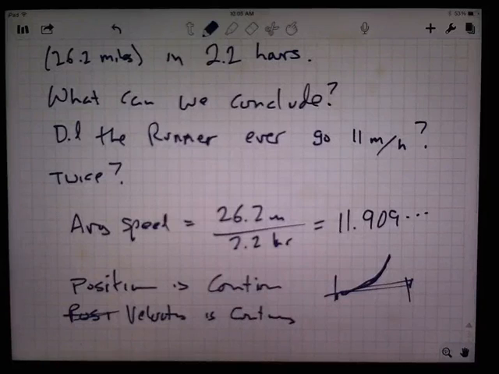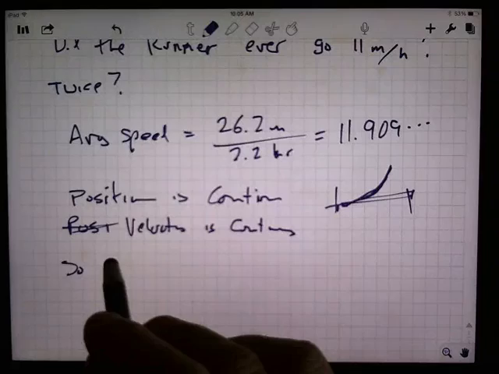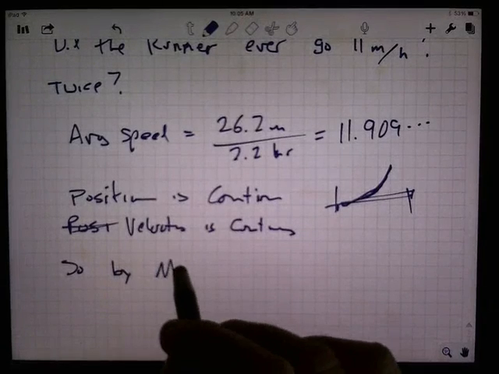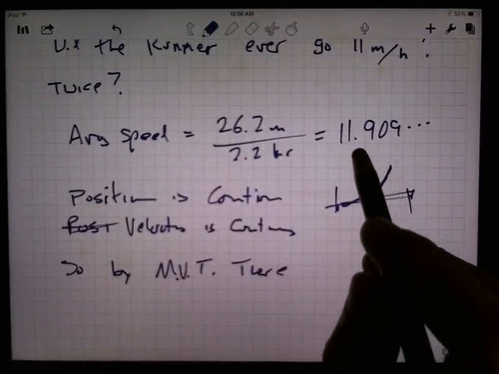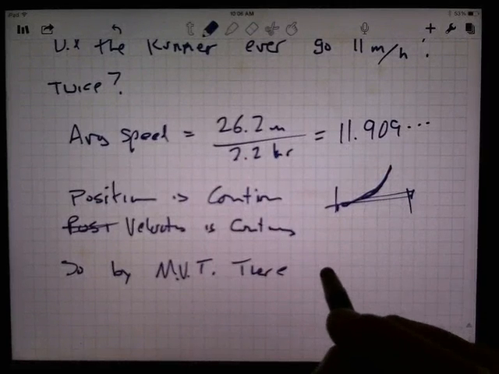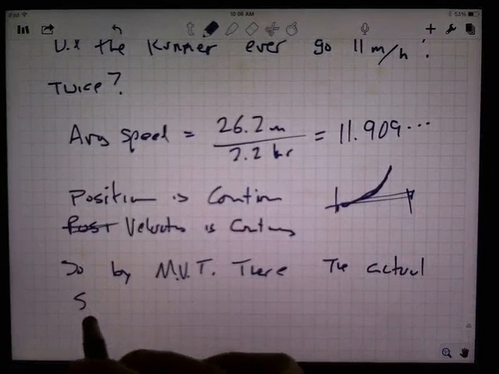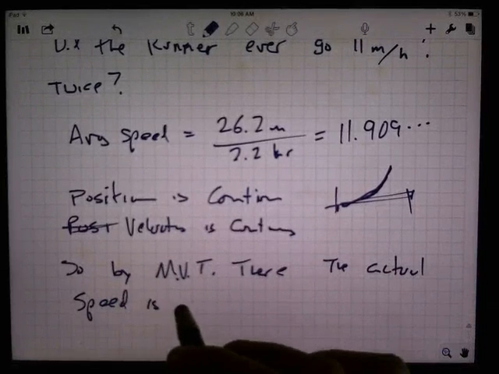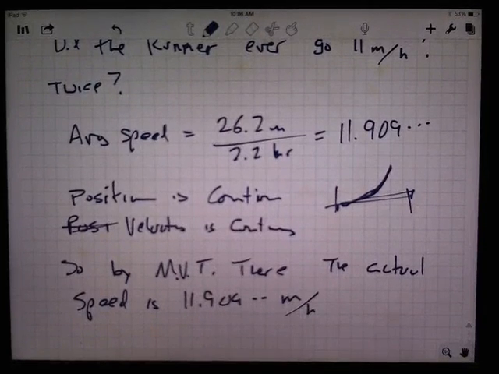So by the mean value theorem, there is a place where we go exactly the average speed, where the actual speed is 11.909 miles per hour. Okay.